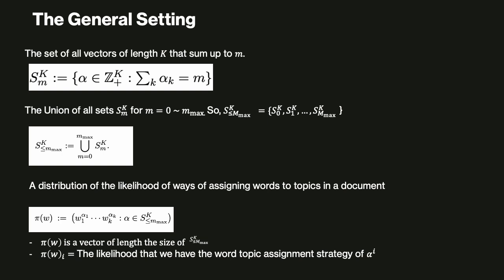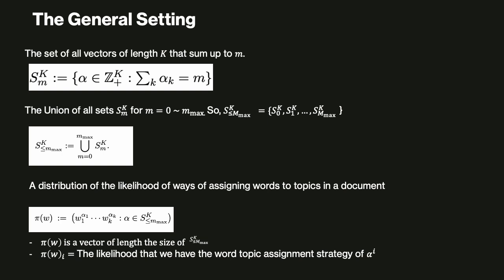And so first we consider the set of all vectors alpha of length k that sum up to m. Here alpha can represent one possible assignment of the number of words for every topic. For example, alpha_i could represent the number of words that are assigned to topic i. And then we can take the union of all sets S depending on the size of the document.